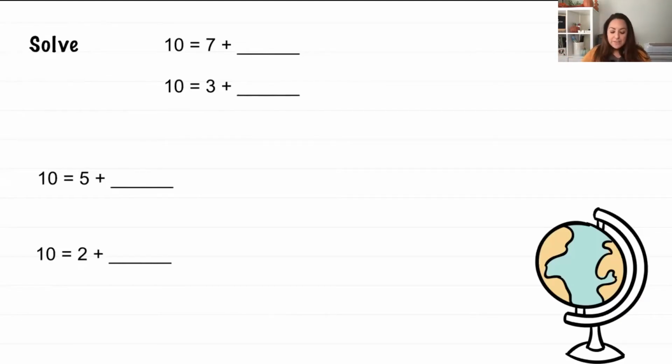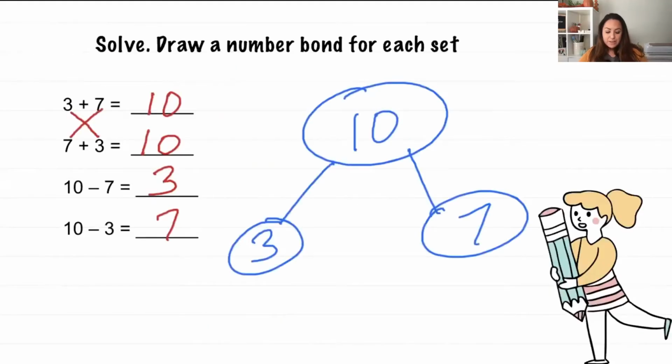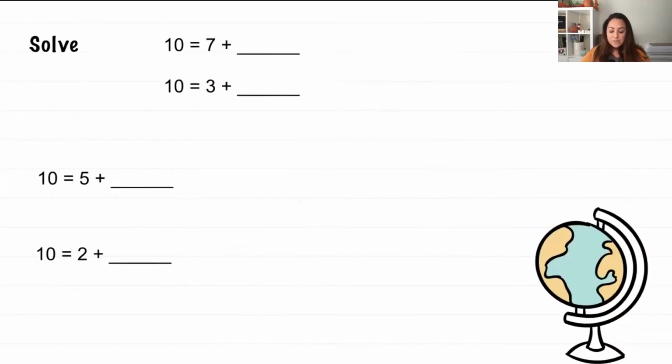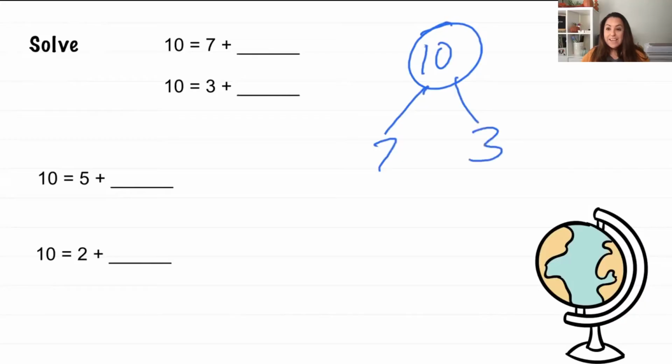So I have a 10 equals 7 plus, ooh, well, you know what? On this slide over here, when I went back this way, look at that. I know how to make 10 with a 7. So let's go ahead and look right there. I'm going to make my number bond again. So I have a 10, and then I'm going to put a 7 and a 3 because that's my number bond.